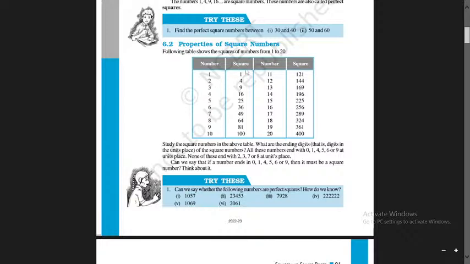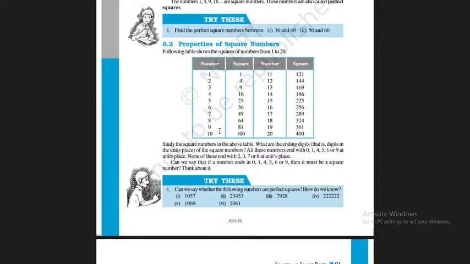The square for 1 is 1, and for 2 it is 4, for 3 it is 9, for 4 it is 16, and for 5 it is 25. 6 square can be written as 36, for 7 it is 49, and 8 it is 64, and square of 9 is 81, and 10 times 10 is 100.